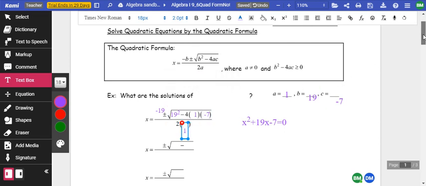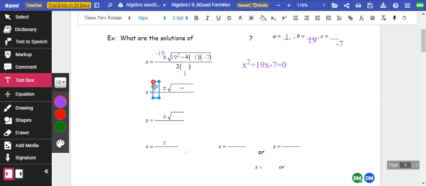Okay, so now we look down here. We leave that negative 19 there. We're going to do 19 squared, which is 361. 361 minus 4 times 1 times 7, and a negative times a negative is a positive, so we're going to say plus 28.